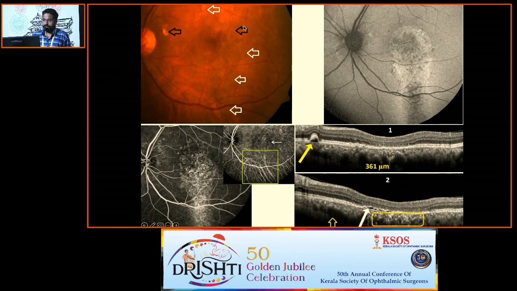in CSCR patients. This is a chronic recurrent CSCR in which you can see an RPE gravitational tract beautifully seen on fundus autofluorescence, with a mottled mixed pattern of autofluorescence. Again, fundus fluorescein angiography shows a mottled pattern of hyperfluorescence because of window defects or RPE defects.